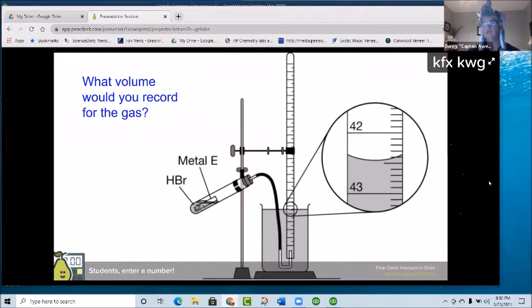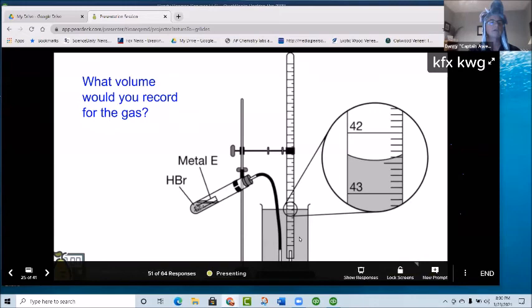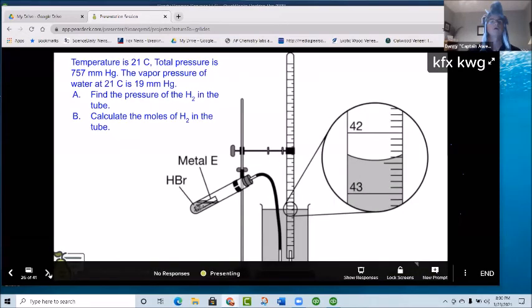So the correct answer here would be something like 42.48, 42.47, 42.45, anything like that would be fine, as long as it had 42.4 something. And to me, it's pretty darn close to 42.5. All right, so what are you supposed to do with this number?